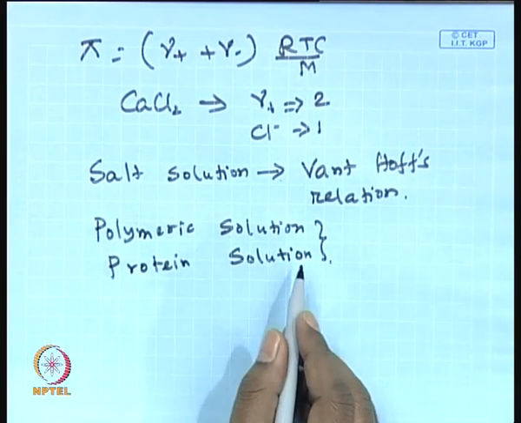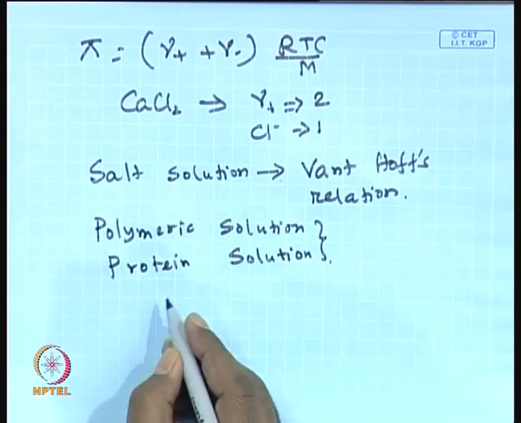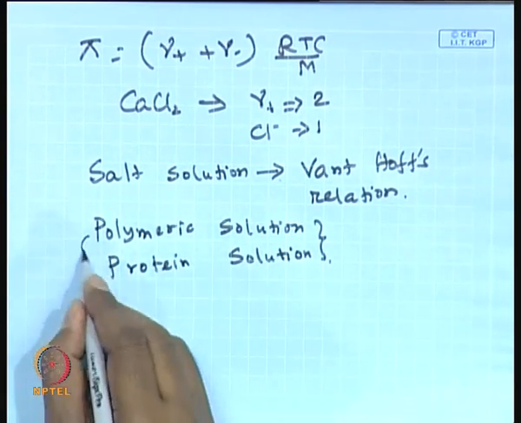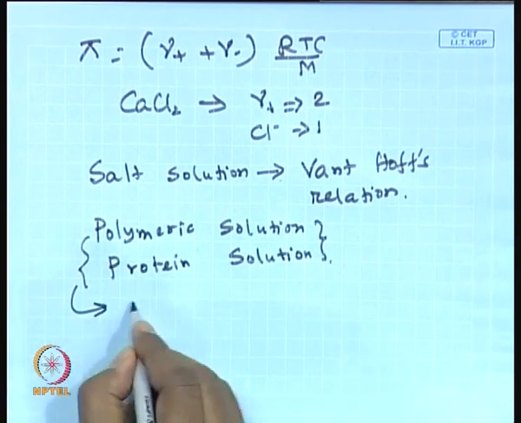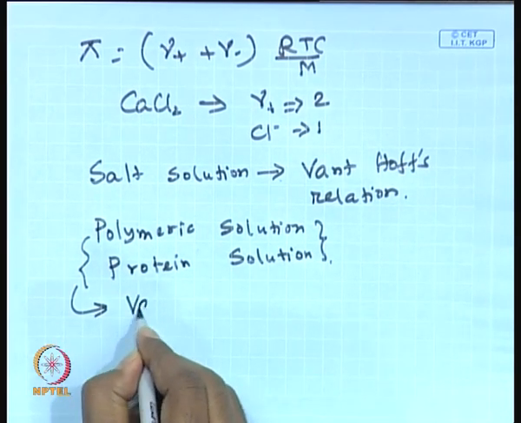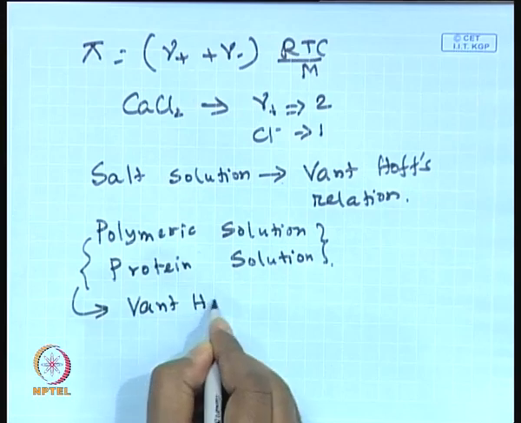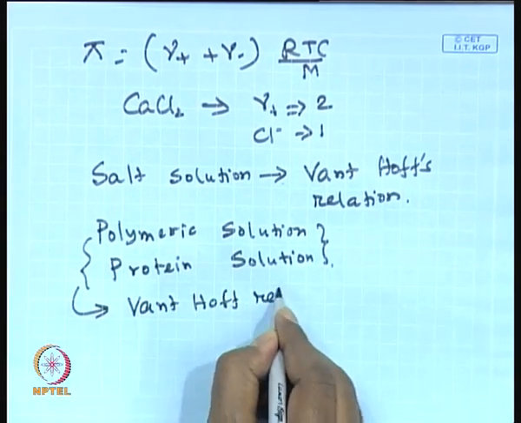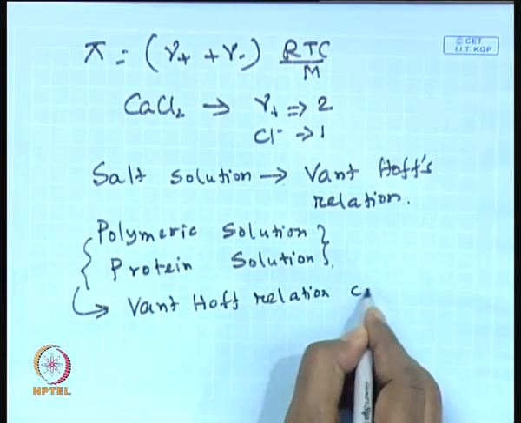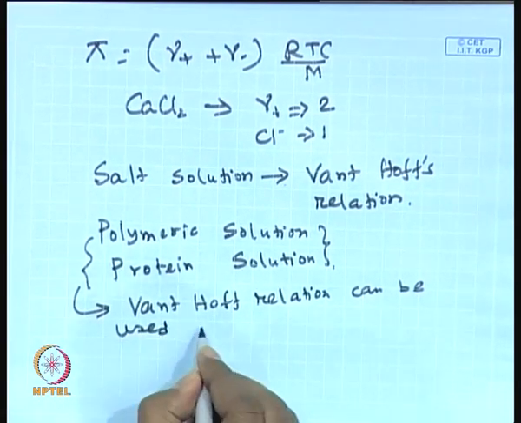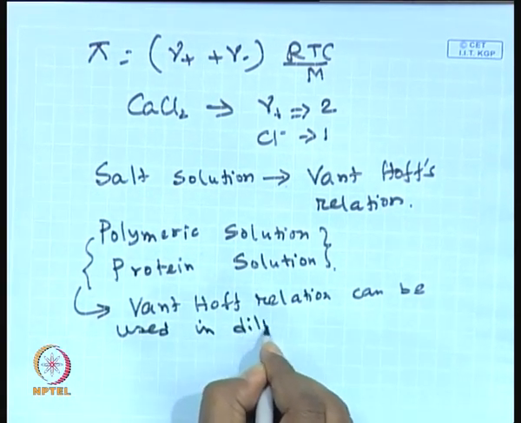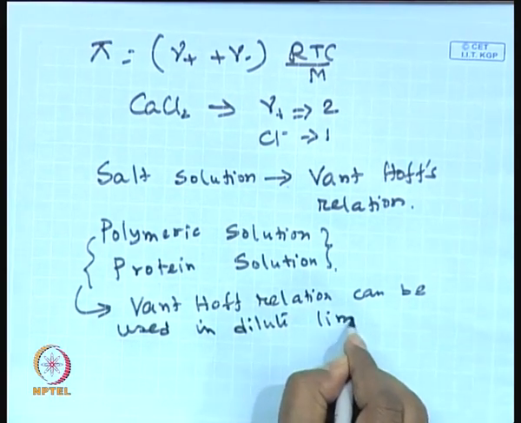the Van 't Hoff relation can no longer be used. Van 't Hoff's relation can be used only under dilute conditions. Okay. For these cases, Van 't Hoff relation can be used in the dilute limit.